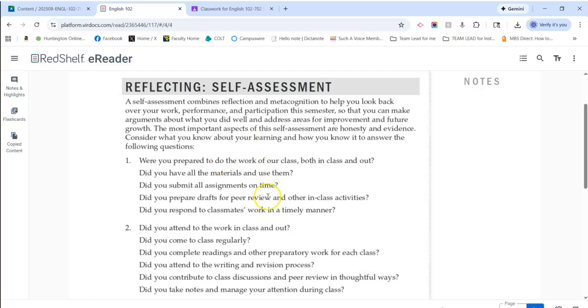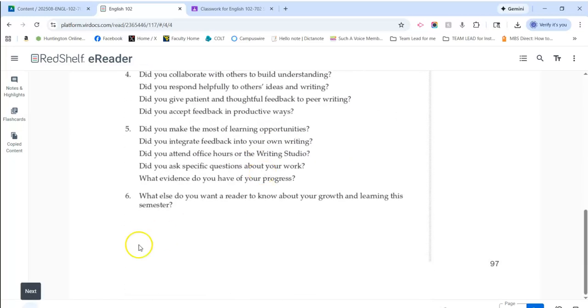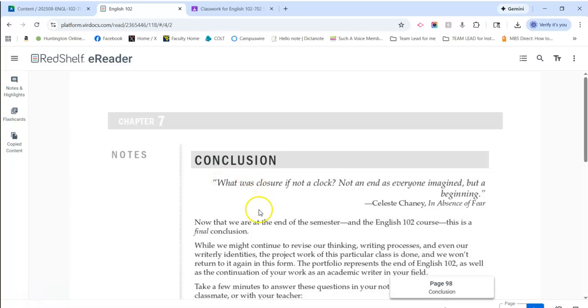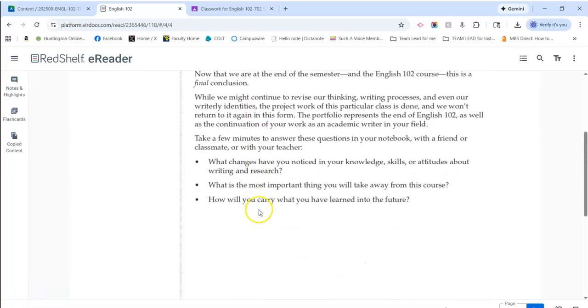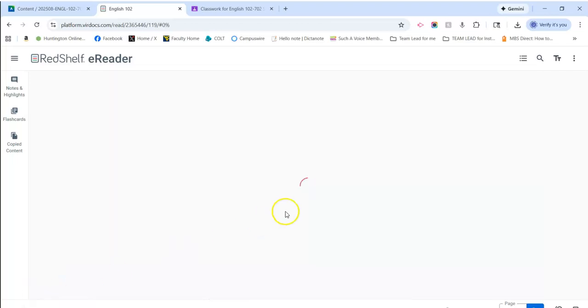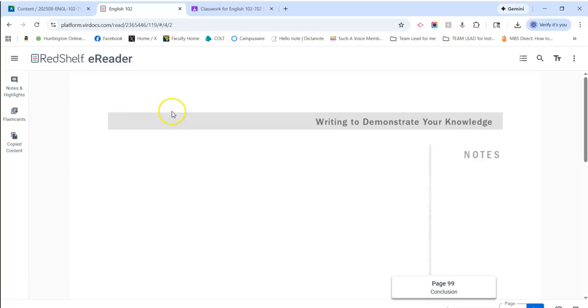So the exercise 7 would be based on page 97. So you cannot use that for a miscellaneous item. And then there's the conclusion, and that's about it. So there's not a whole lot to do with chapter 7. So that's pretty much it.